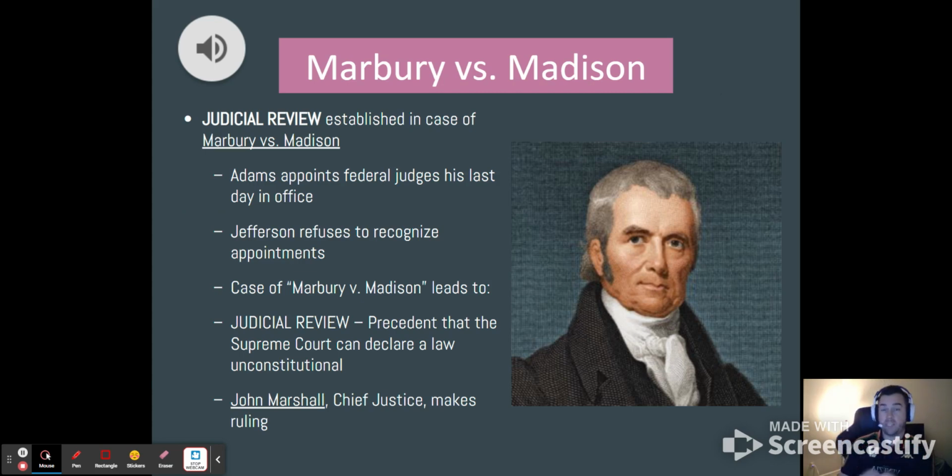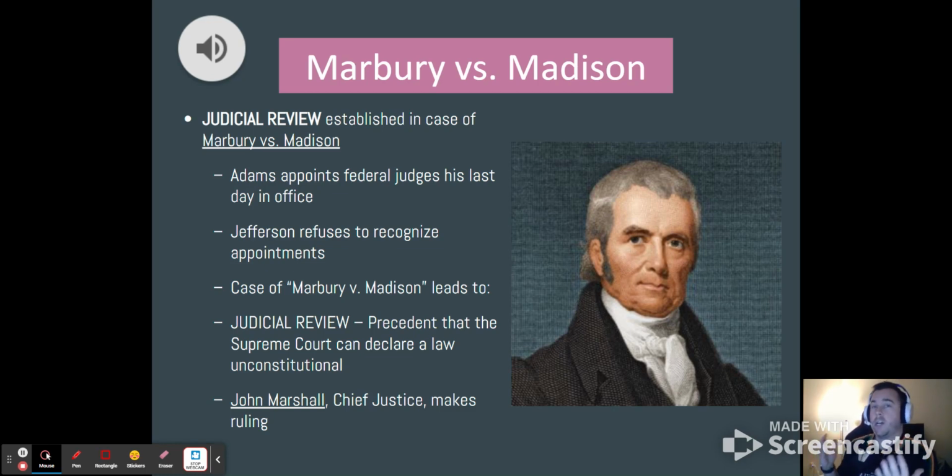Okay, big Supreme Court case here that hopefully you learned in civics. It's called Marbury versus Madison. So on the way out of the White House, John Adams is going to appoint federal judges. Now, the important part of this is federal judges serve life terms. So if you get a federal judge job, you don't have to worry about somebody kicking you out. You don't have to worry about being reelected.